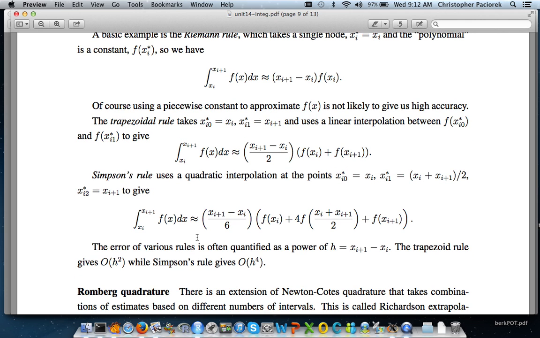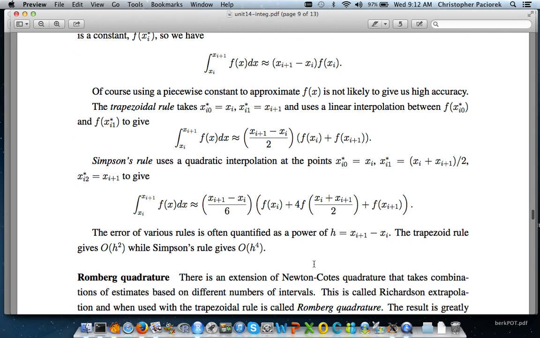And then I mentioned that when people study these methods and think about how much error there is in doing the integrals, it's often quantified in terms of the length of the interval. So I guess this would presume in these various cases that we're talking about equal length intervals, and we'll talk about adaptive methods that don't have equal length intervals in a little bit.